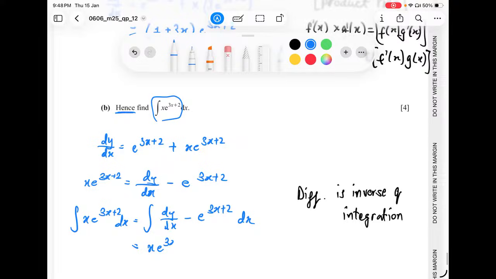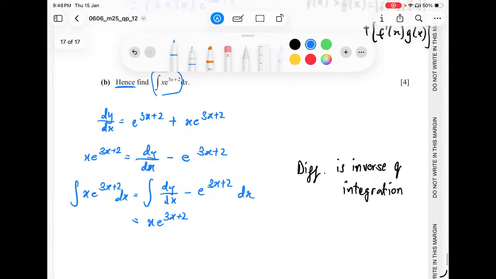You can just copy that, x e to the 3x plus 2. So we use the fact that differentiation is the inverse of integration to do this question. When you integrate a differentiated form, you get the same function back.